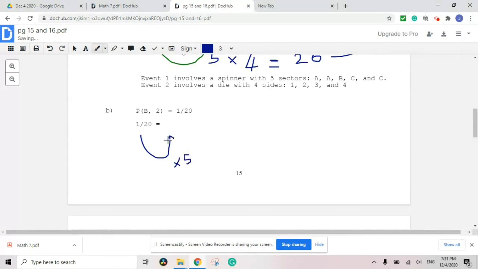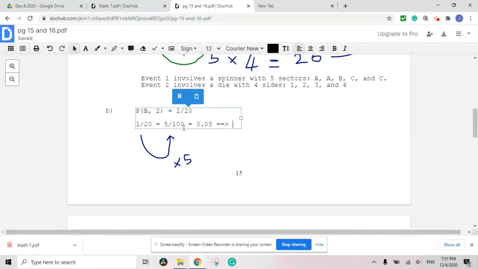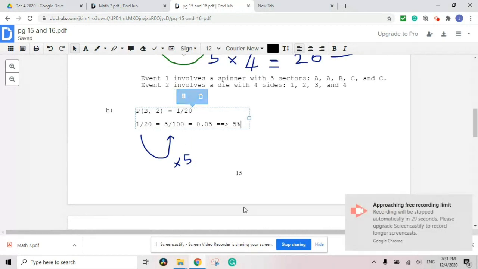If you do multiply by 5, then instead of 1 on the numerator there will be 5, and instead of denominator 20, it will be 100, and thus it will be 0.05. And if you want to write it as a percentage, you multiply by 100 or move the decimal by 2, then you have a 5% chance.